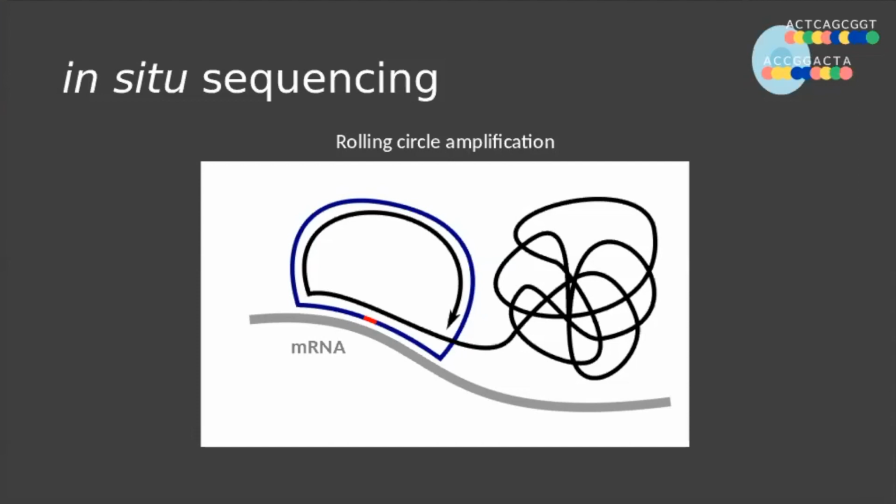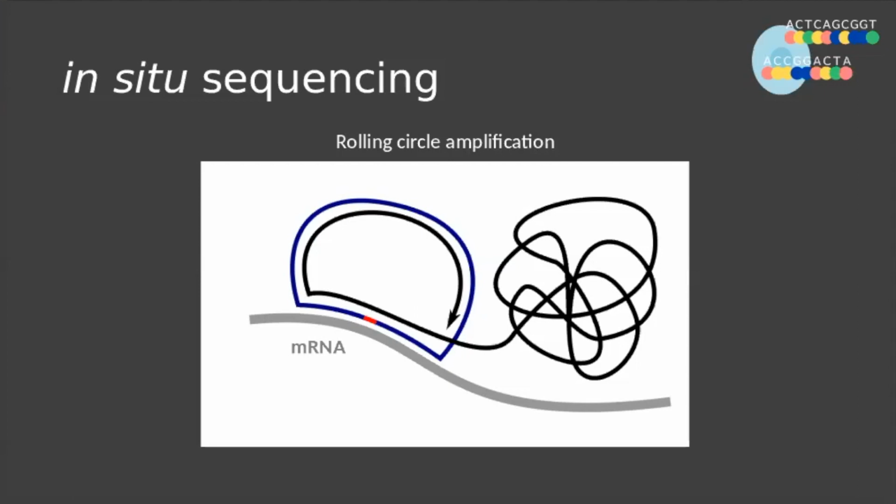And similarly, if you want to sequence a molecule in situ, you also need to amplify the thing that you are going to sequence. So these methods are all based on rolling circle amplification, which in this method called in situ sequencing uses a padlock probe, which is the blue part.